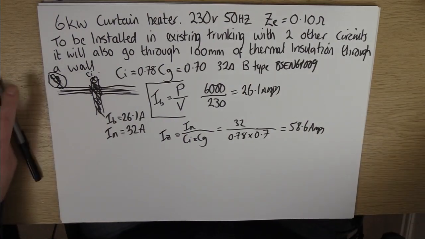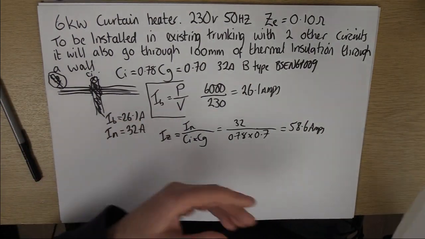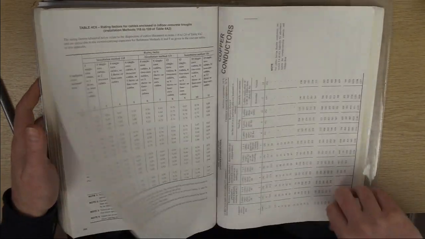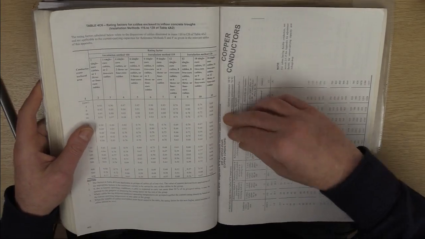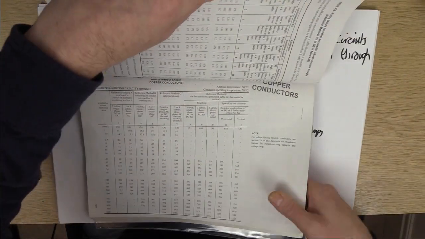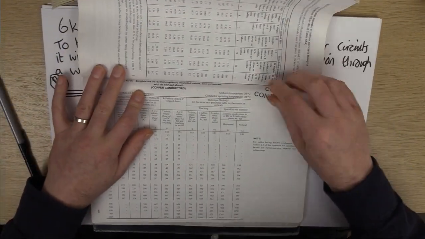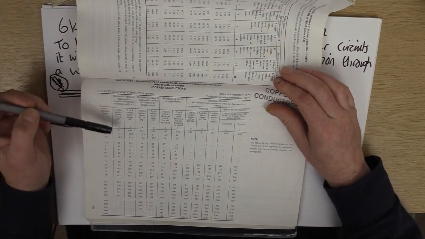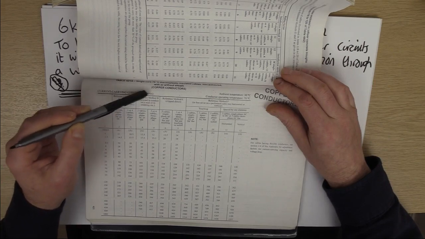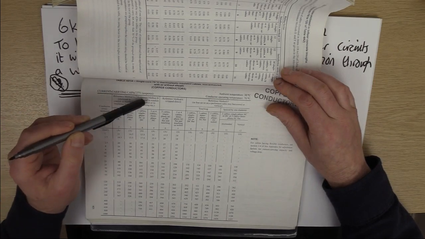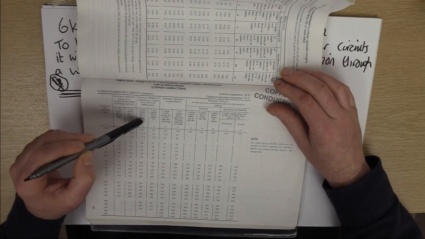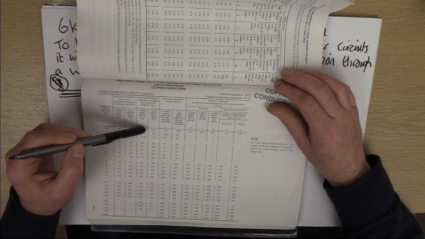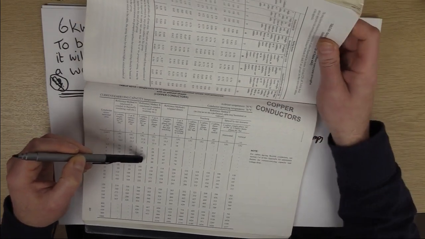So next, we're doing method 1 for our live tables. So we're going to go to the current carrying capacity tables. Sticking with singles for now. I'm going to stick with 70 degrees. Keep things simple. Now, single phase in a trunking on a wall. Down here, and we're looking for quite a lot, aren't we? 58.